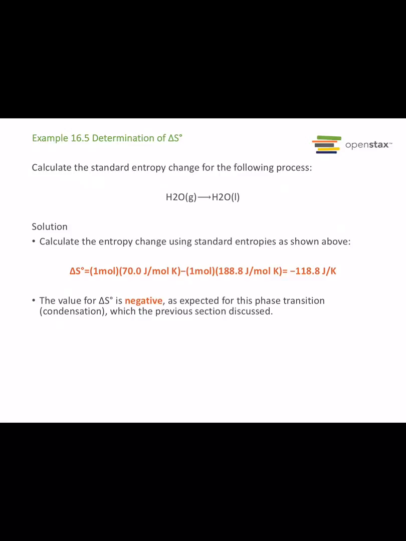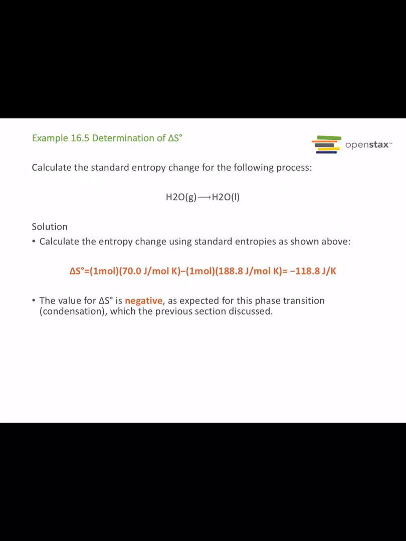So then all we did here is, remember, delta S is going to be the sum of your products minus the sum of your reactants. So the S of our product was 70, and then we're subtracting that from 188.8, which is our reactant. And so you get a value of negative 118.8 joules per Kelvin.